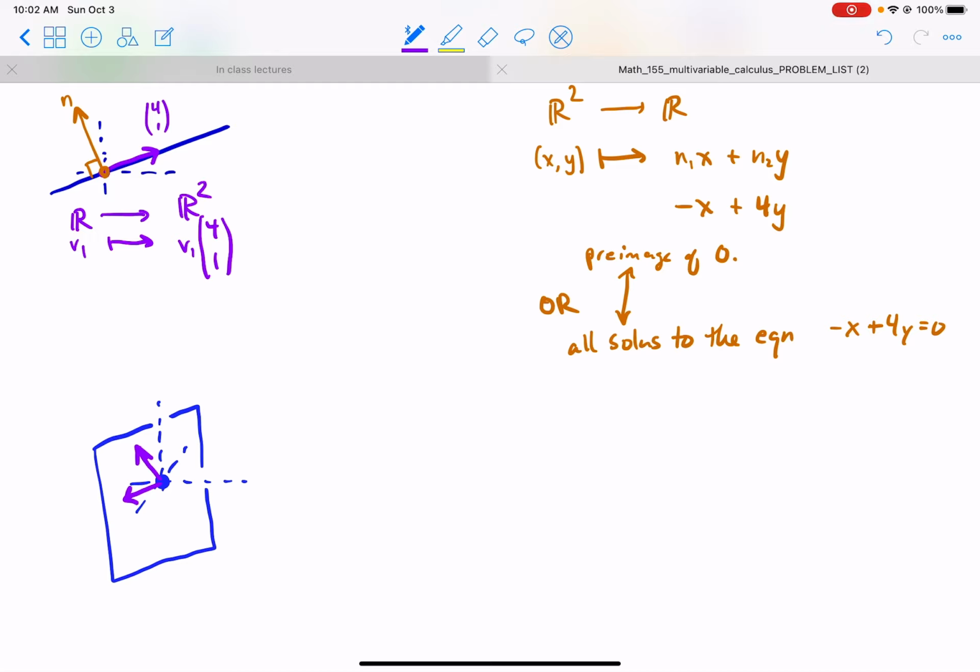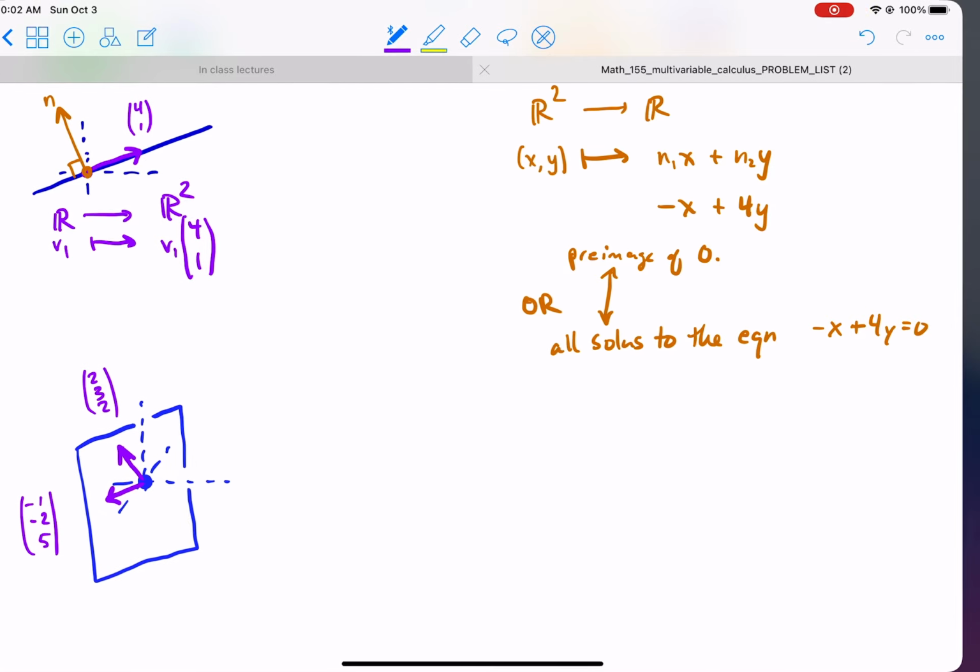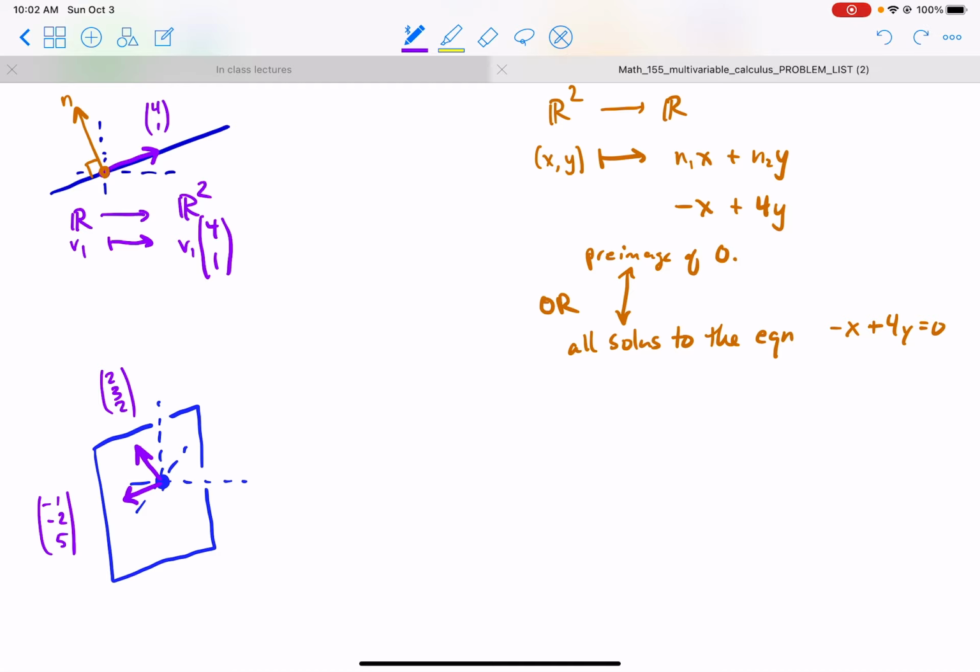Let's say one of them was the vector (2, 3, 2). The other was the vector (-1, -2, 5). Then I will send a map. Well, this plane is 2-dimensional, so my map will send 2 space into 3 space, and the image will be the plane inside of 3 space.